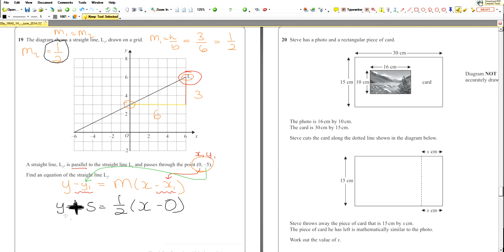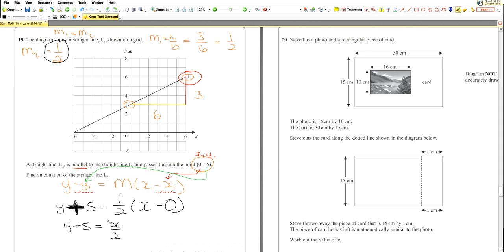So y plus 5 equals a half times x minus nothing, which is just x. A half times x is x over 2.